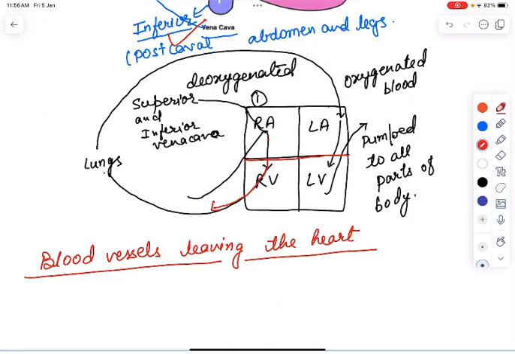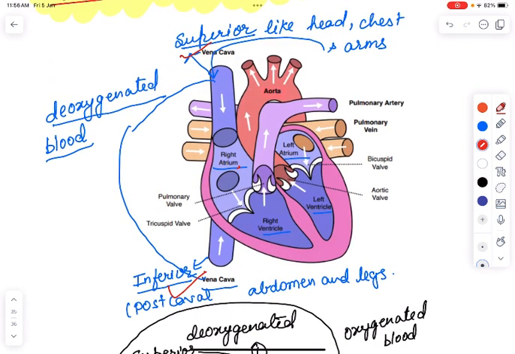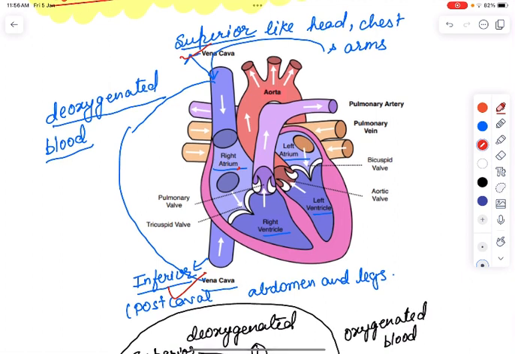So the pulmonary artery here, the blood came from the inferior vena cava and the superior vena cava, and blood will enter to the right ventricle. So right ventricle here from this is pulmonary artery. This is pulmonary artery.